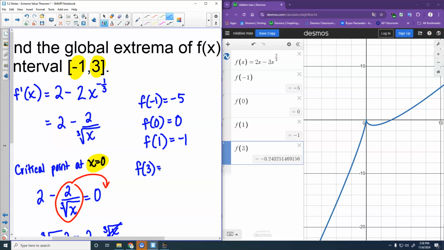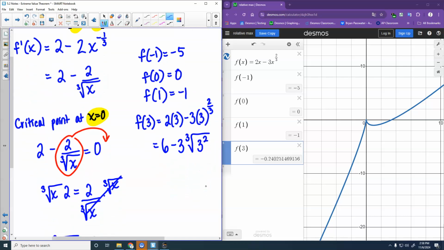F of 3 is going to be 2 times 3 minus 3 times 3 to the 2/3, which is going to be 6 minus 3 times the cube root of 3 squared.